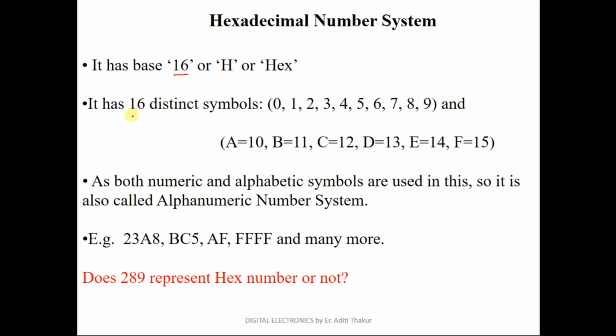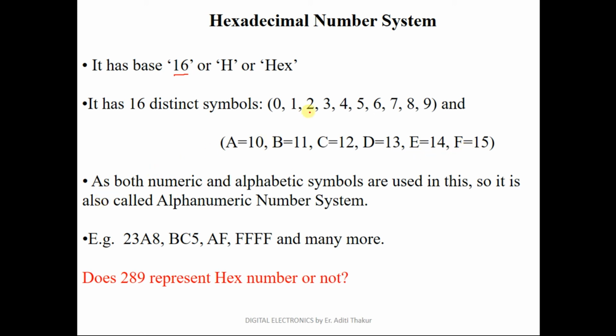Those 16 symbols consist of 10 numerals from 0 to 9 and 6 alphabets from A to F, where A represents 10, B represents 11, C represents 12, D represents 13, E represents 14 and F represents 15.